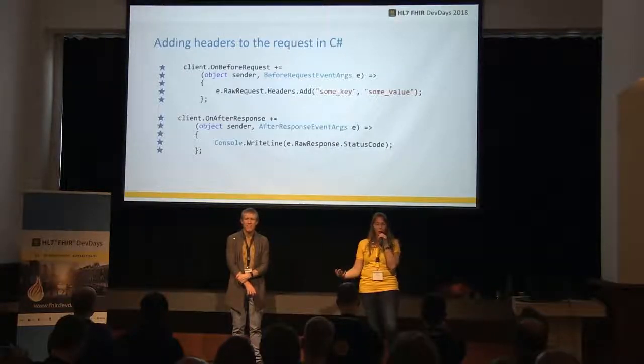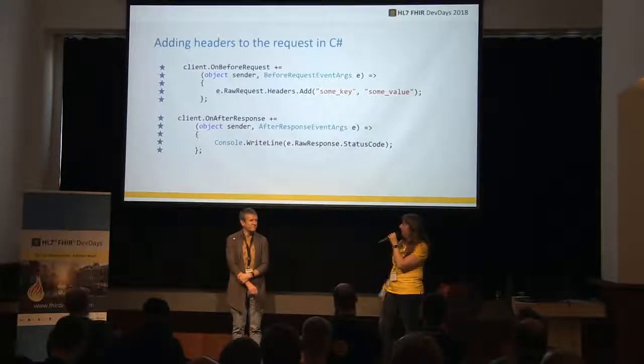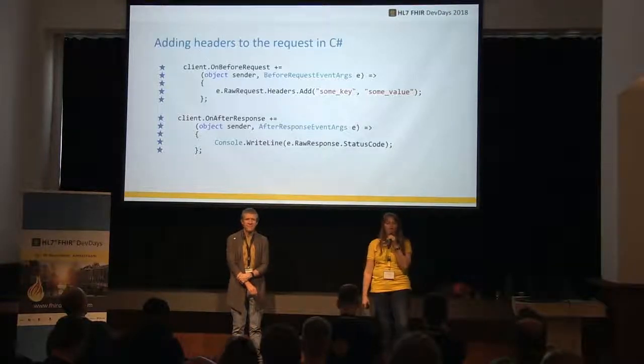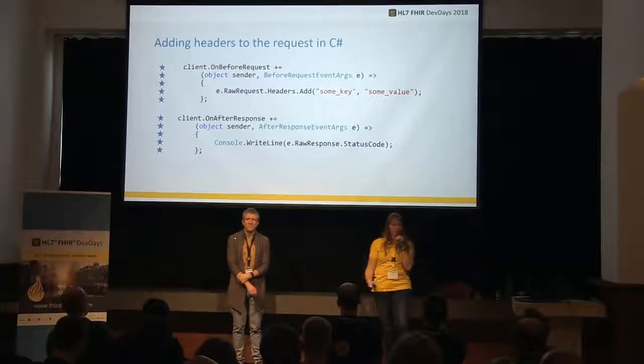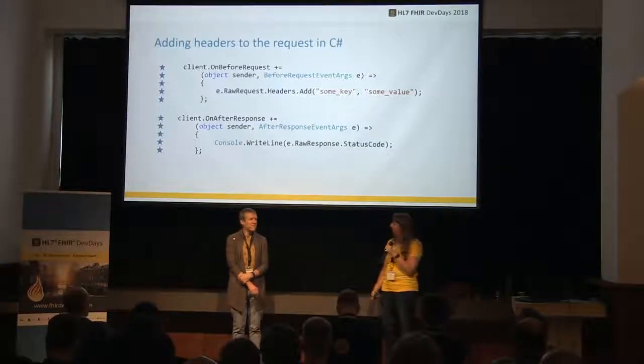So if you have a token and you want to send that with a .NET FHIR client, then this is the way to do that with the onBeforeRequest event. And then after the response, you have the onAfterResponse event that will fire when you get back the response, and you can handle the raw response that's in there. If you need to do other stuff, then just look at the normal result that's in memory.